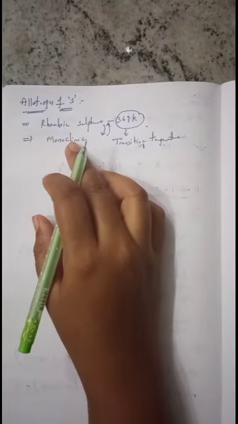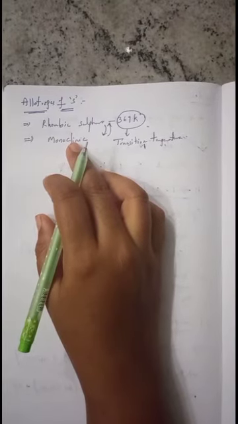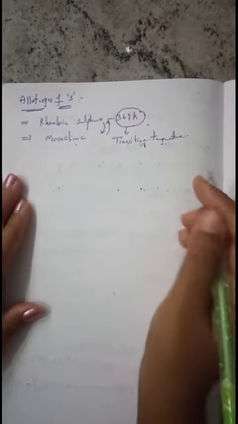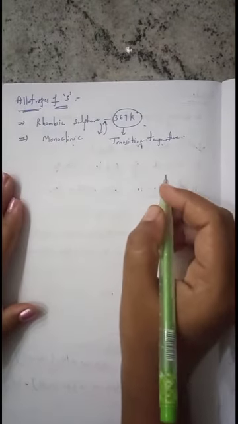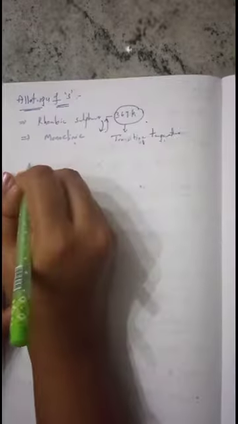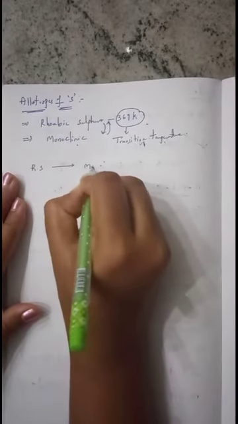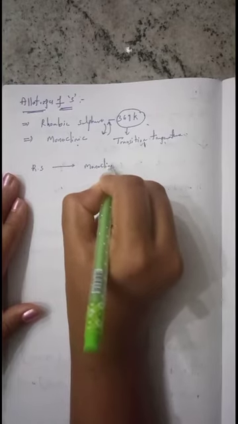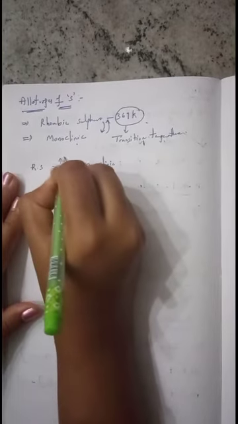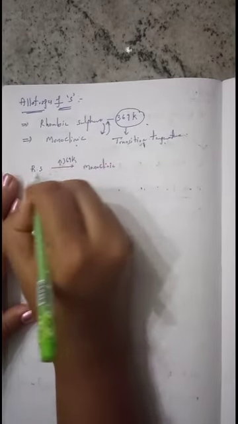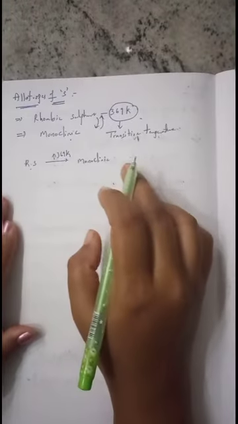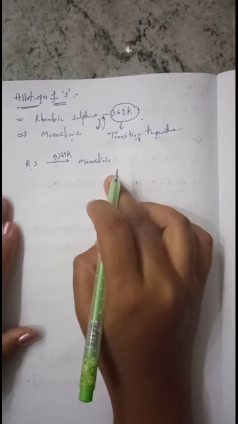The temperature at which both the different types of sulfur are in equilibrium is said to be the transition temperature. Above 369 kelvins, rhombic sulfur transforms to monoclinic sulfur. Whenever it is heated above 369 kelvins, it can be converted into monoclinic sulfur.